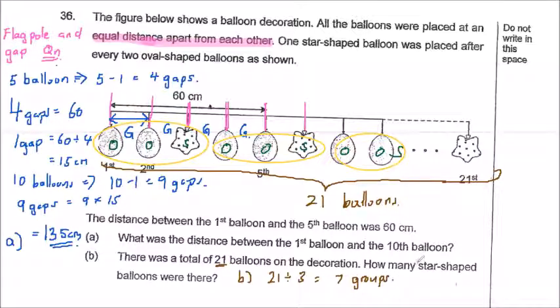Okay, so how many stars are there in one group? There's one star in one group. So if there's 7 groups, that means there'll be 7 times 1, which I get 7 star-shaped balloons. Okay, so that's the answer.